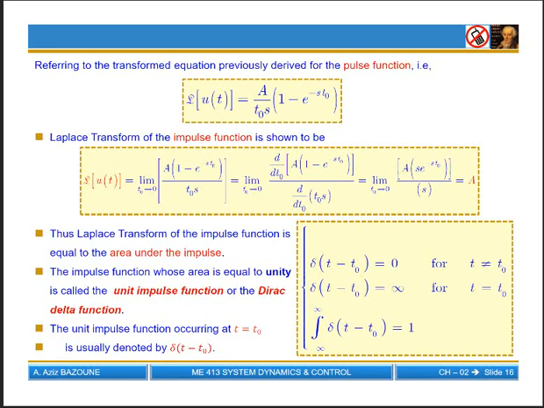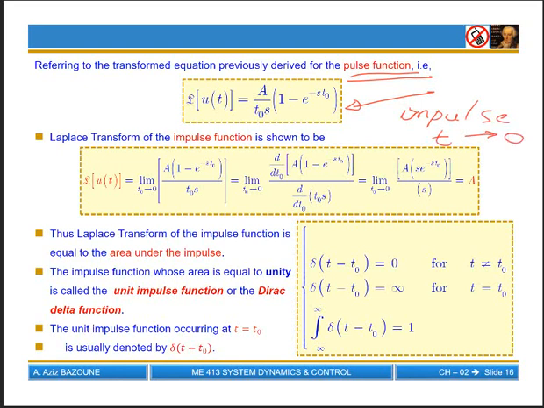Now, if we take the limit of this when time goes to 0, we will find the Laplace transform of the impulse. So this is the Laplace transform of the pulse function. The impulse delta t is the limit when t goes to 0.